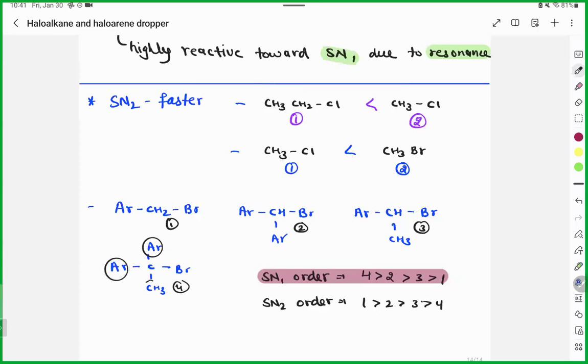So tertiary, highly stable, plus two benzene rings, more resonance. In the second, you have two benzene rings, secondary but highly stable. Why not 4, 3, 2, 1? In the third, you have only one benzene ring. If you compare CH3 and benzene ring, benzene ring is more reactive for SN1.